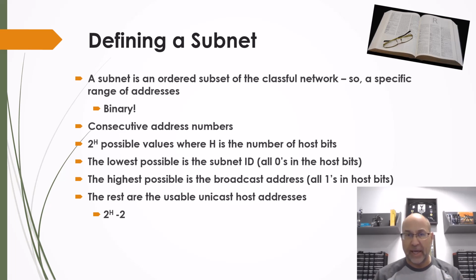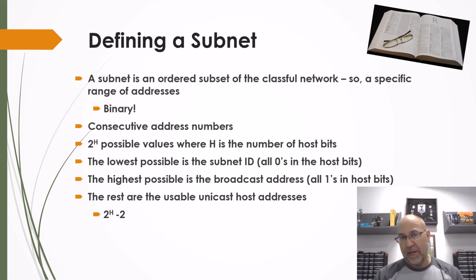So if you put that all together, one subnet's address space goes right into the next, goes right into the next. Now, when you take a look at the host bits, that tells you how many hosts are available in each subnet. So you break up a classful address space into subnets, and then you look at how many host bits are left over. That tells you how many possible addresses there are.